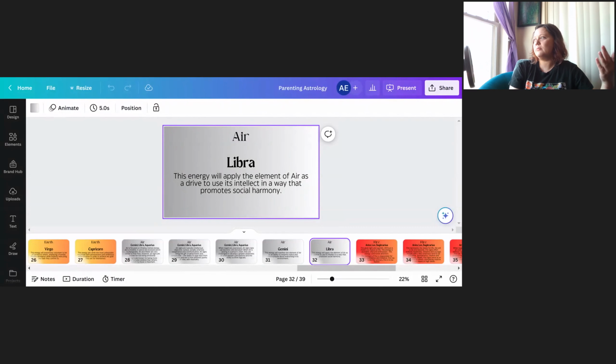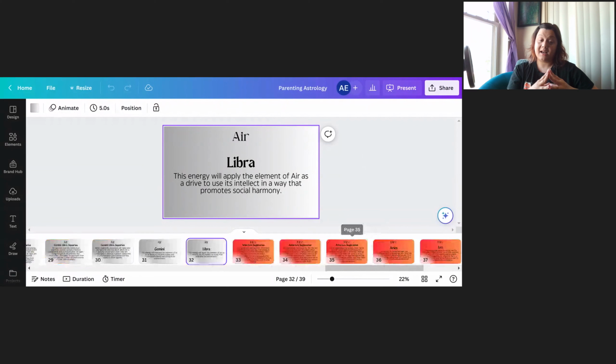For instance, social media is probably not going to be the best thing for somebody with a lot of Libra energy because it's everywhere. And since you're so driven to have that harmony, it might be difficult to navigate when the focus on a lot of social media is promoting negative social energy.